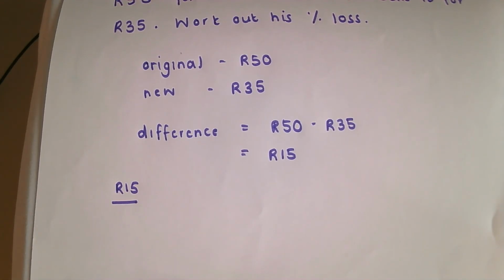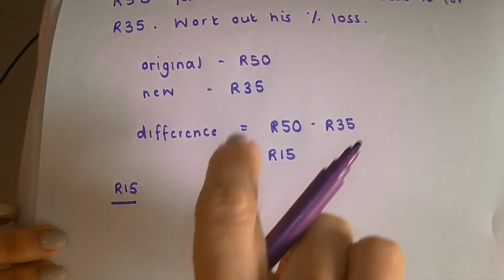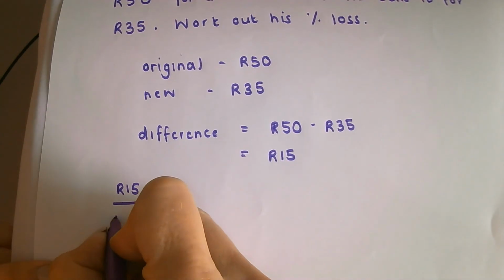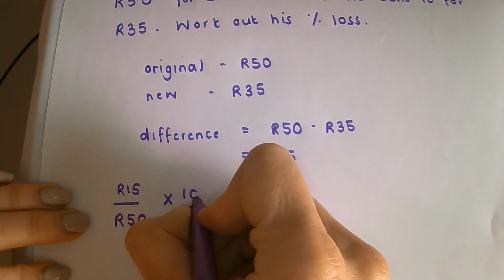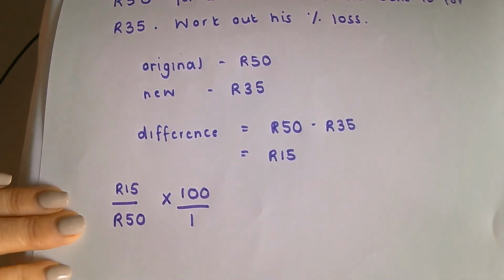He hasn't been able to sell them, so he has to sell them for 35 Rand in order to make some form of money, but he is still making a loss. So the original amount is 50 Rand. So we're going to put 15 over 50. Remember, we're working out the percentage, so it's going to be times 100 over 1.